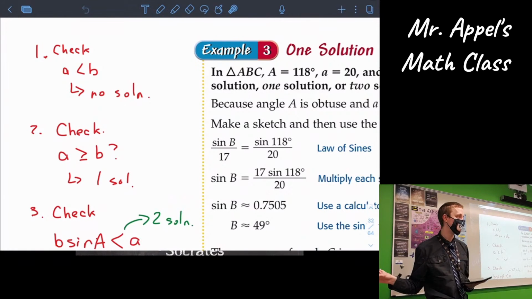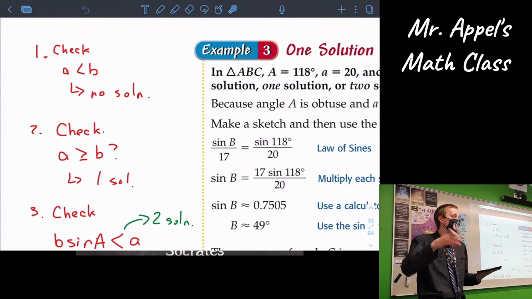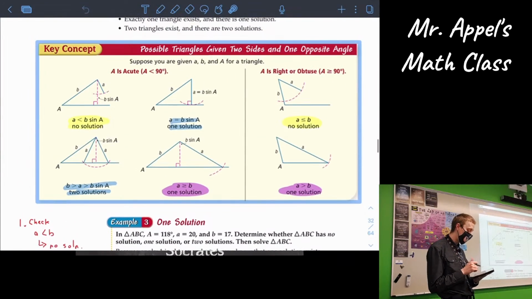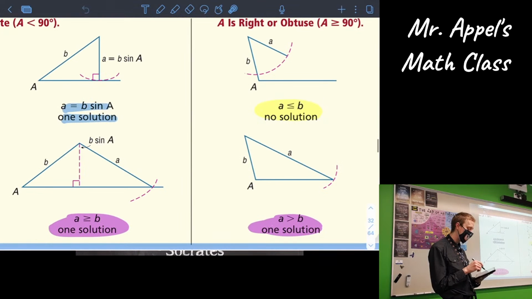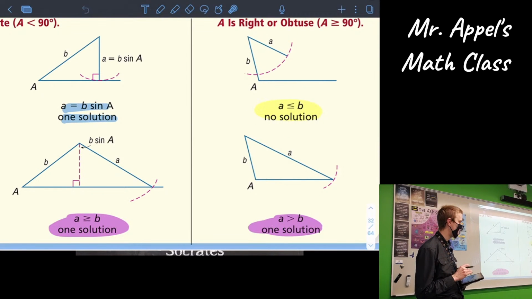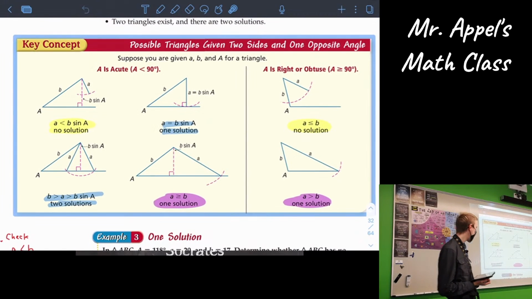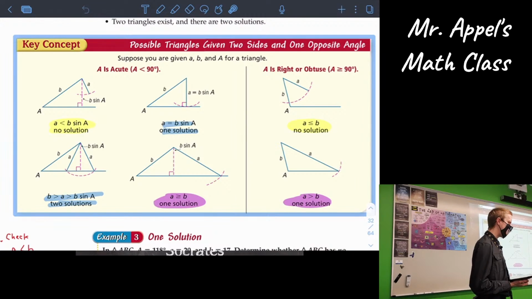That is not true. Okay? I still recommend checking that first. But that was only for the obtuse one. I looked at this chart in too much haste, and I gave you some bad advice.